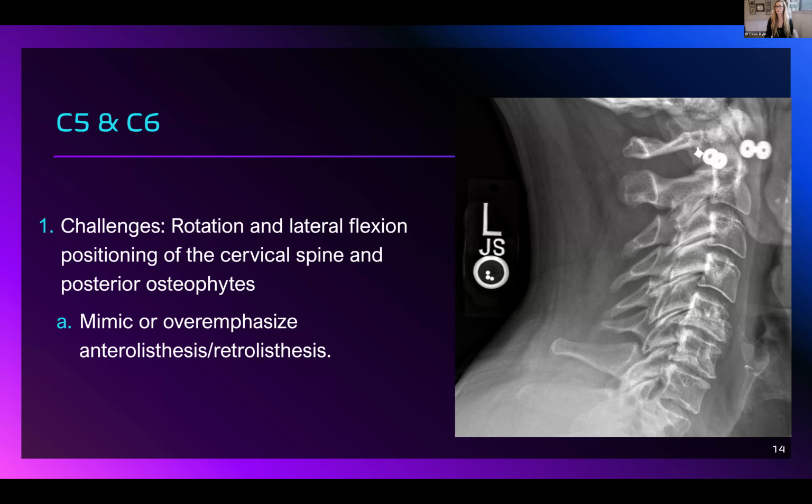I always encourage docs to look at the patient and make sure they're not rotated. I know that might be their normal stance, but when we flex and extend them, if I get a lot of rotation in there, then I'm not going to get a true value of the translation of that segment.